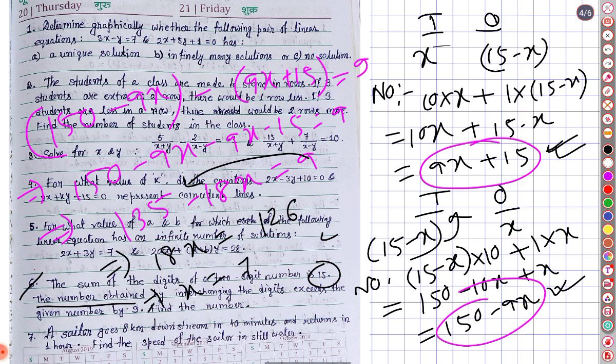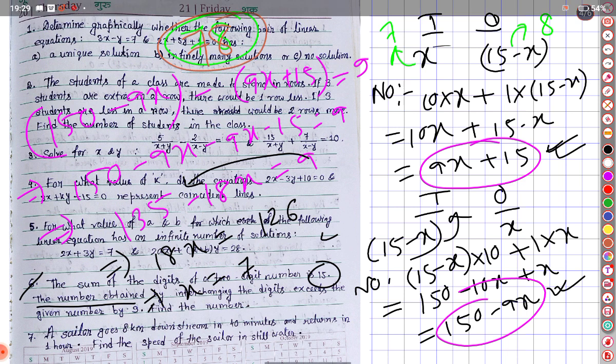So x is 7, so this place is 7. Okay, so this will be what? 15 minus 7, 8. So the number is 78. All right. Okay, chalo, very nice.